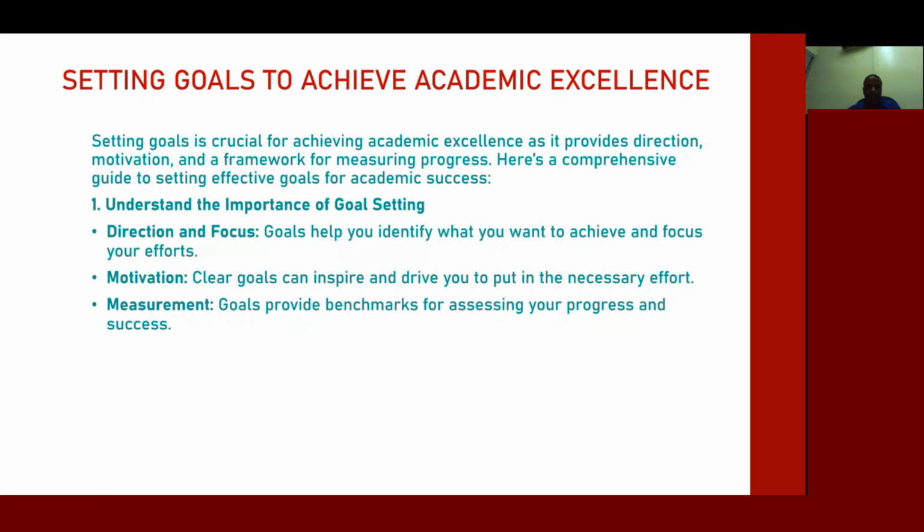Then from this, we have got measurements of our goals, and we can measure our goals through whatever we are achieving. Maybe as someone who is pursuing a bachelor's, your goal is to aim for a first class or maybe a second class. That is like a measurement. It's measuring your ability to reach a certain level. So those goals provide benchmarks for assessing our progress and our success.